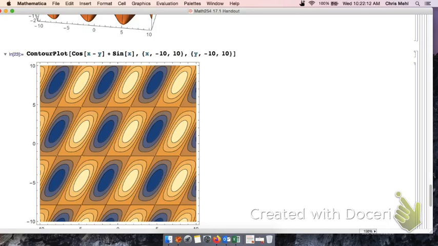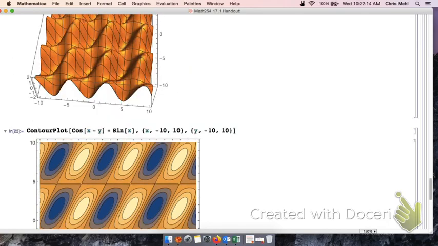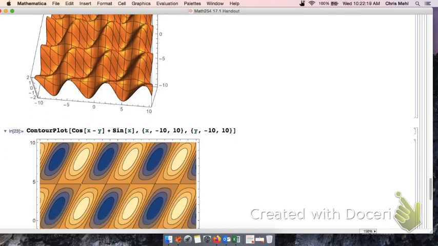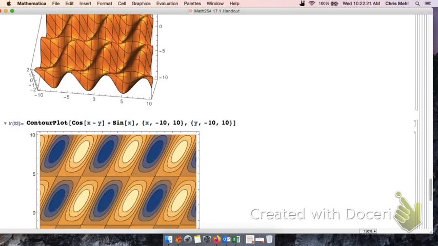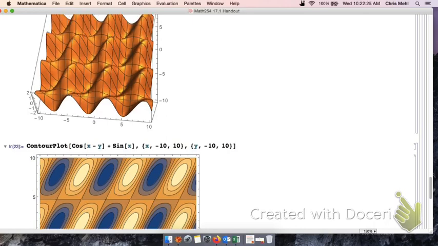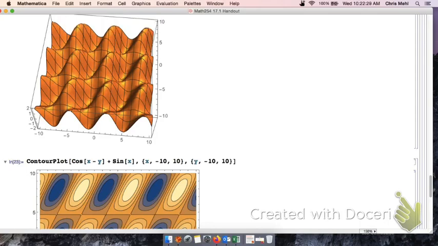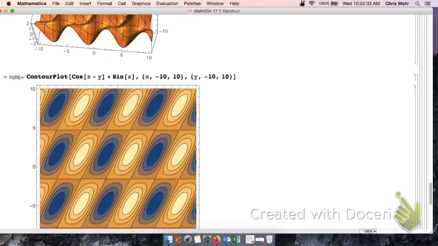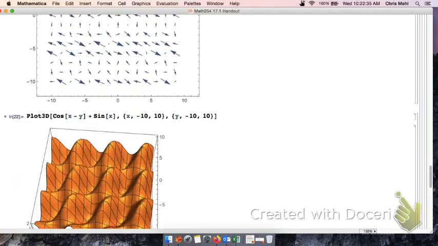So there's my contour plot of the surface. I think that anything in blue, those are the higher points on the surface, and anything in white, those are the dips or the lower points on the surface. I believe that's correct. You can compare all three of these.